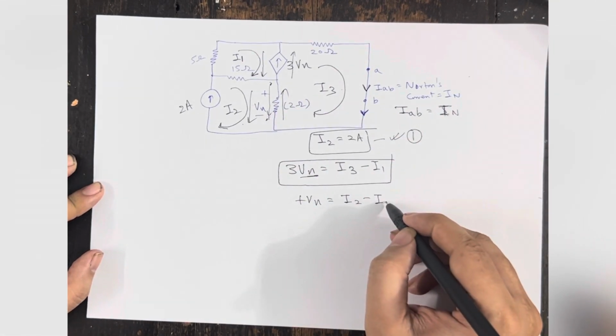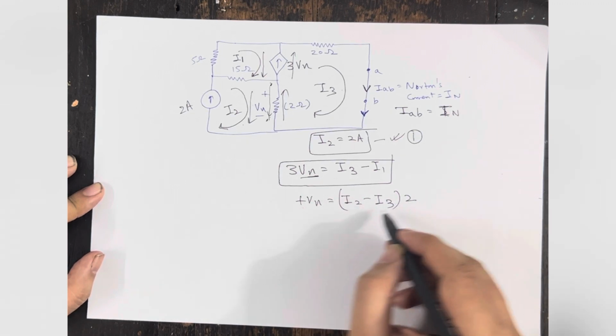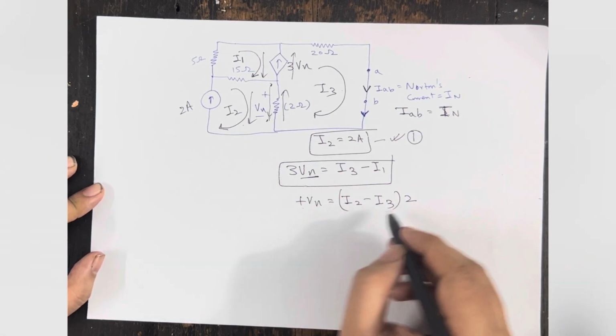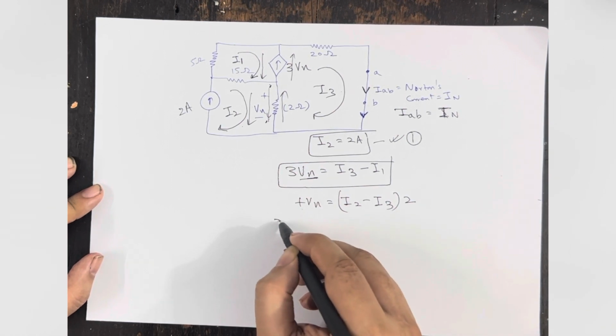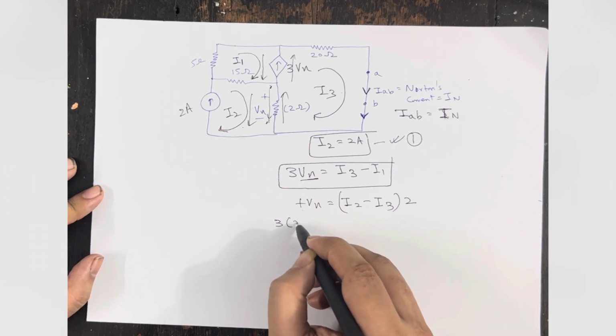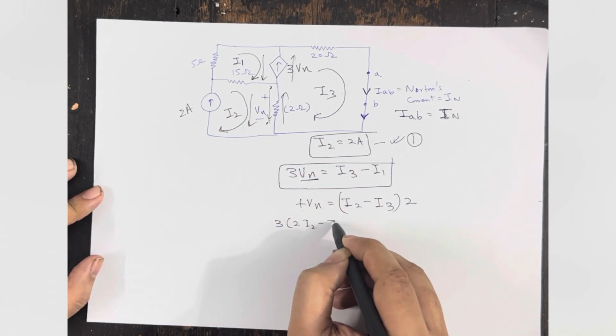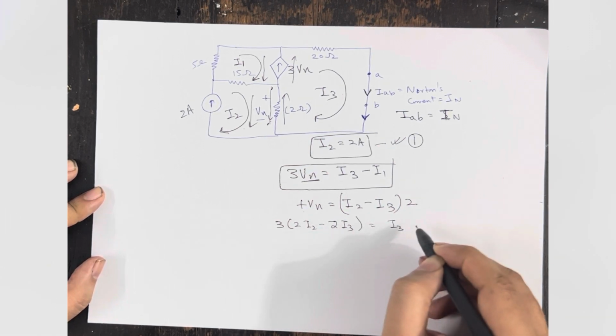So I2 minus I3 into resistance, the voltage drop Vx equal to 2 into I2 minus I3. You can put in this equation. So you will get, if you put here, you will get 3 into 2, it will be 6. 3 into 2 I2 minus 2 I3, okay, equal to I3 minus I1.